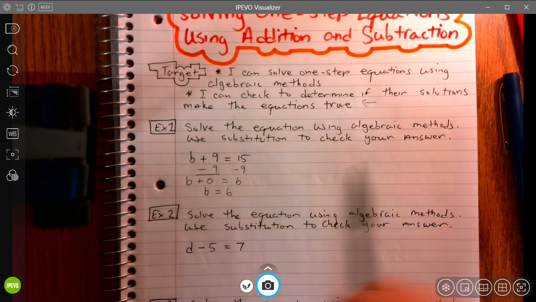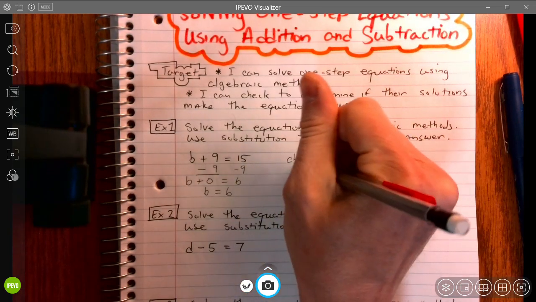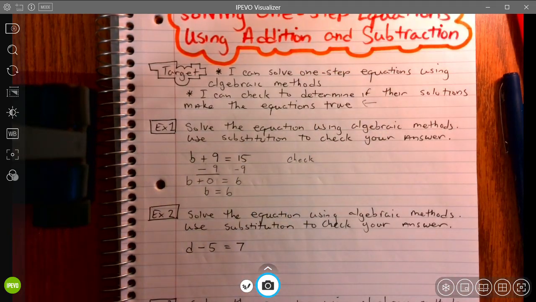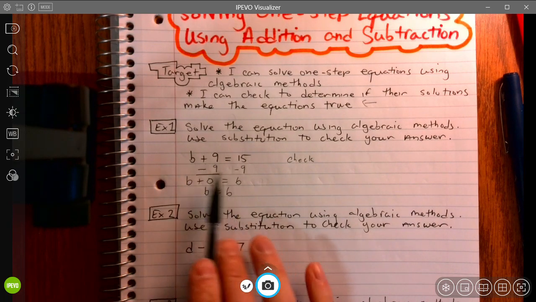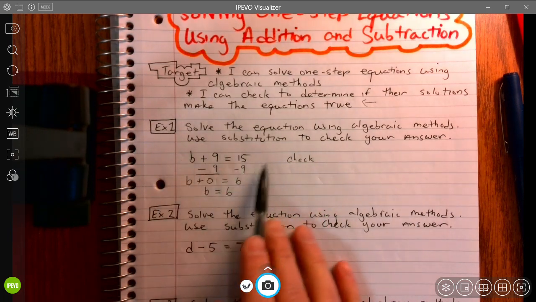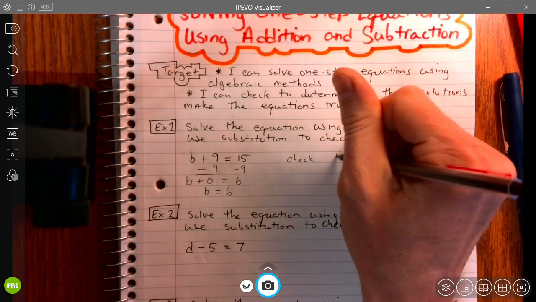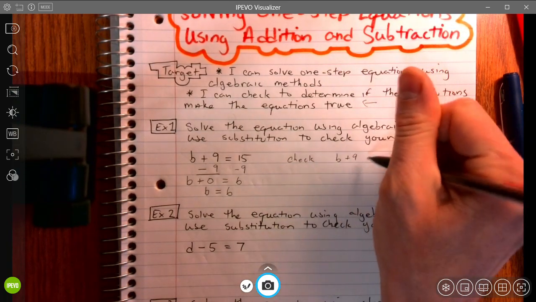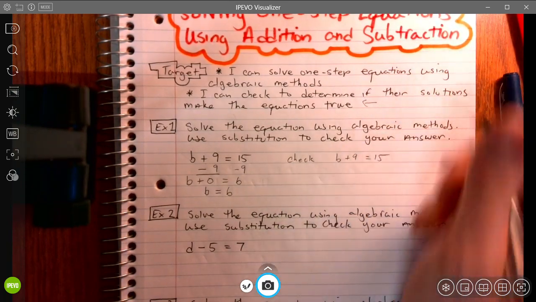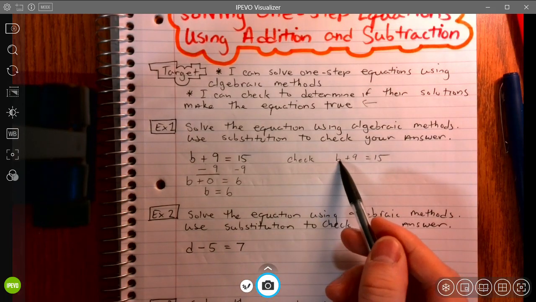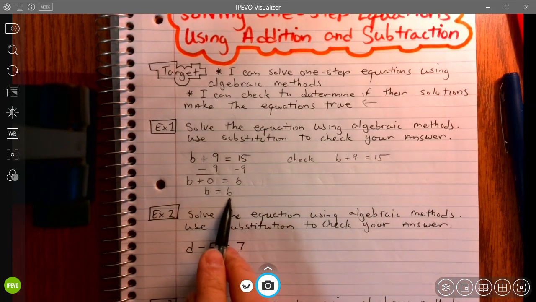Now we're not done, because I need to check my answer. And the way I check my answer is I rewrite the original equation. But now, everywhere I see b, I'm going to write down the value that I found, which is 6.